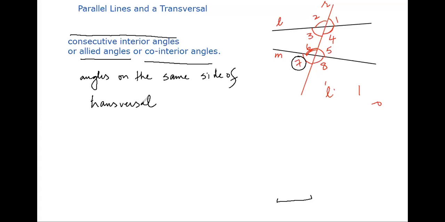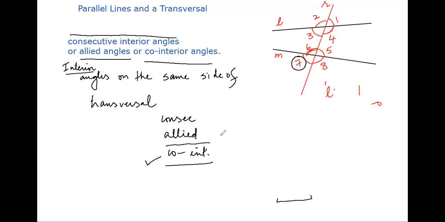Have you understood? I forgot to write here. Interior angles on the same side of the transversal are known as consecutive angles, or allied angles, or co-interior angles. This word is more used in so many books, co-interior angles.